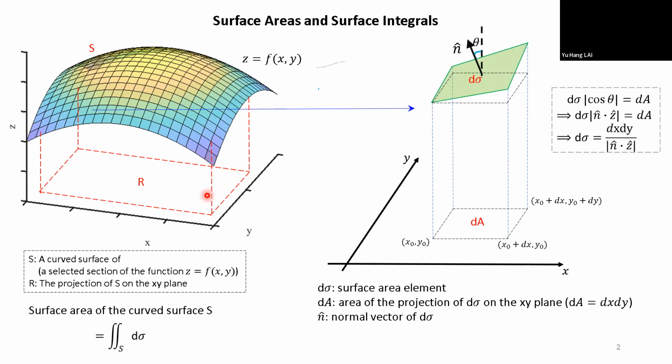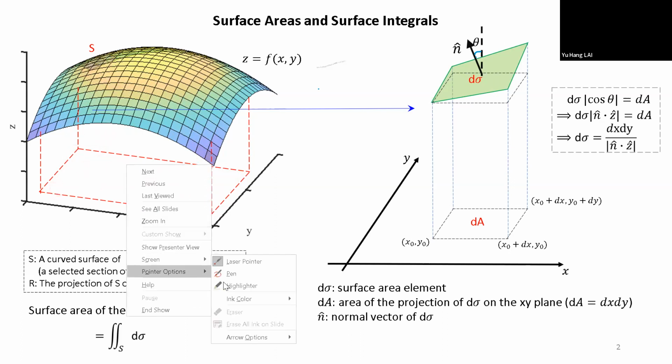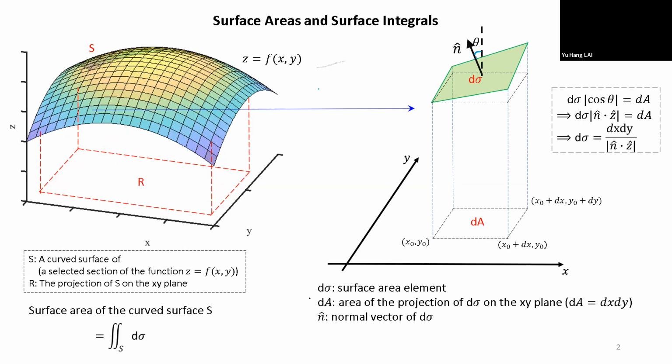So what we do is we are going to consider a small area element. First of all, you can see that I have all this grid here. They are all curved lines now. They are not just rectangular grids. You could imagine that if I project this curved grid onto the xy plane, then we get back a rectangular grid.